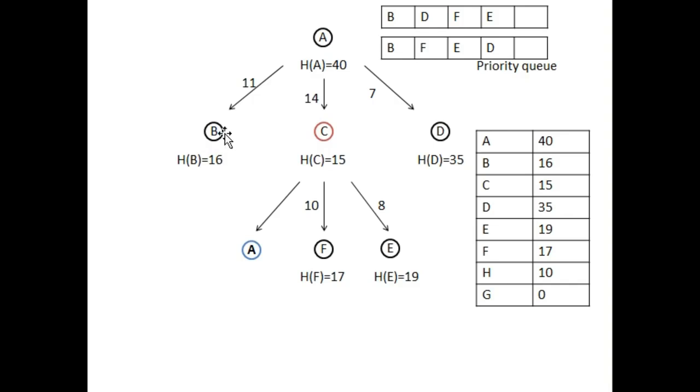Because the heuristic value of B is less than the heuristic value of F as well as of E, B will come to the front.